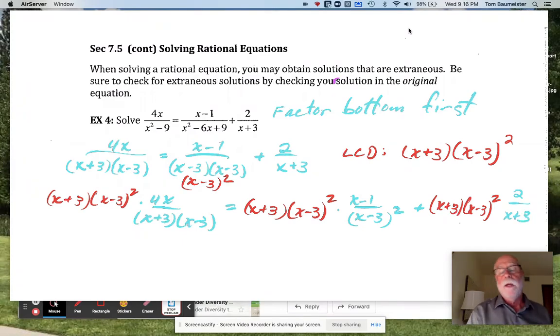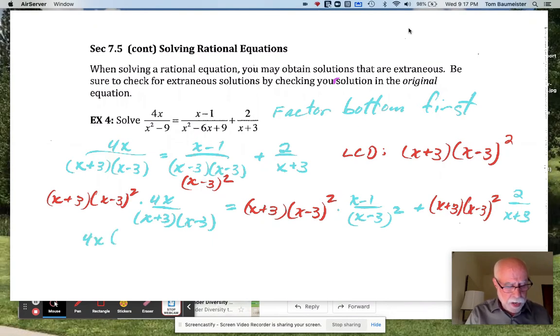All right, so on this one here, I wrote it out more for you so that hopefully you can see it. So on the first one here, what's going to go away? X plus 3 is going to go away, and 1 of our x minus 3s are going to go away. So what do I have left on that one? I'll have 4x.